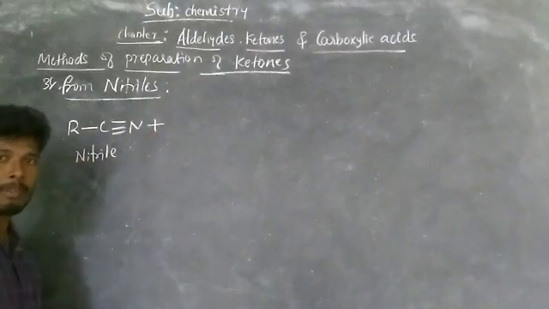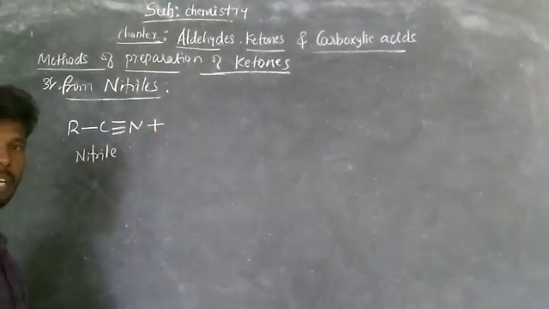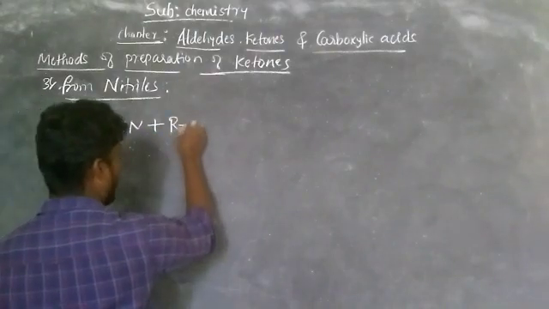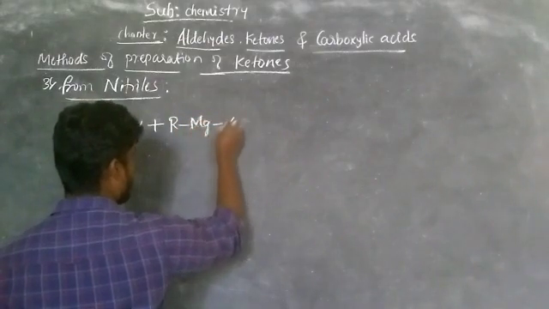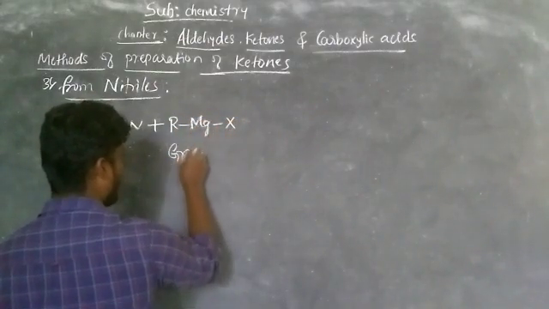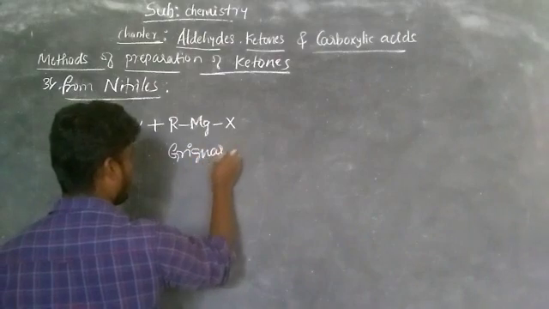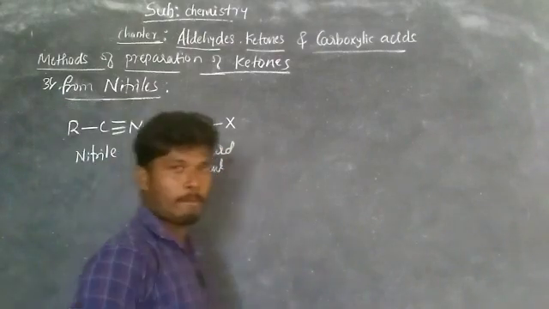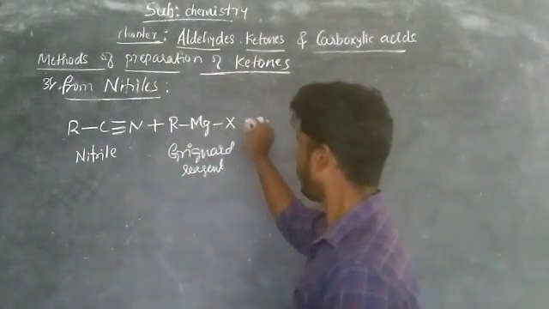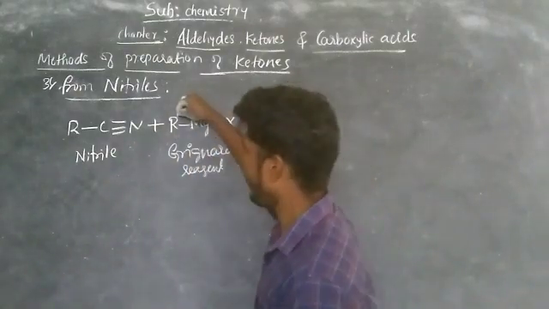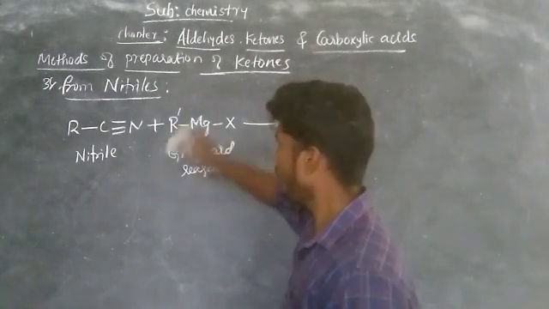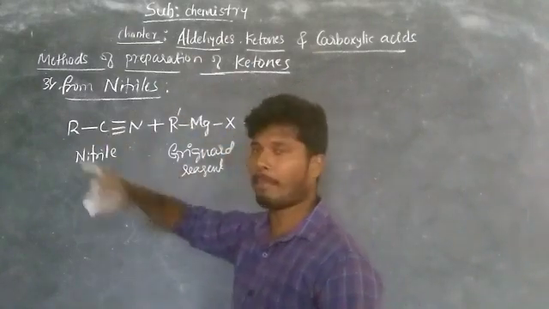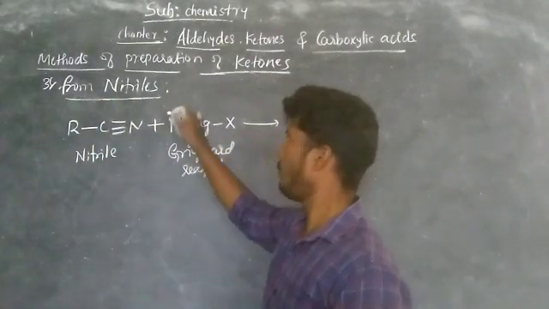Grignard reagent is nothing but R-Mg-X. This is the general representation of a Grignard reagent. So when we are treating these two, let's take R dash for our convenience. This R dash is added to the carbon and the Mg migrates to the nitrogen.